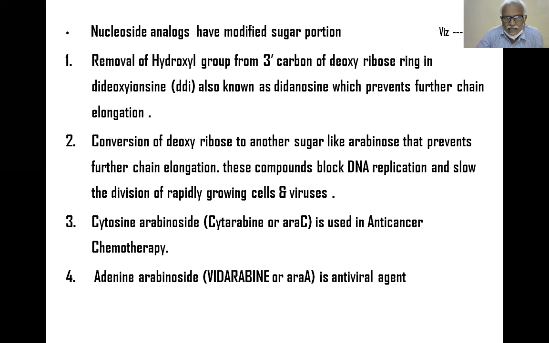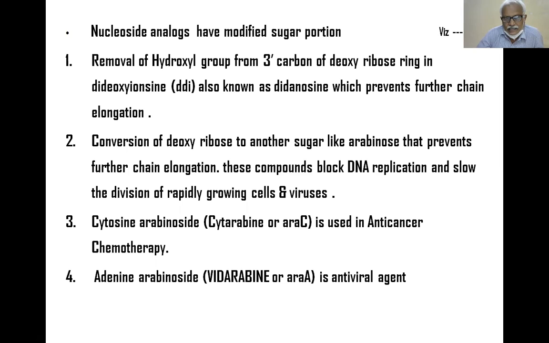Conversion of deoxyribose to another sugar like arabinose will prevent further chain elongation. So these are all the various methods by which we can prevent further chain elongation. These compounds block DNA replication and slow the division of rapidly growing cells and viruses. So this is what we want, to prevent the cancers from progressing.